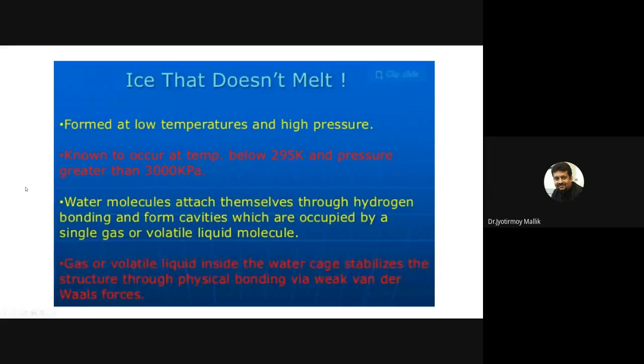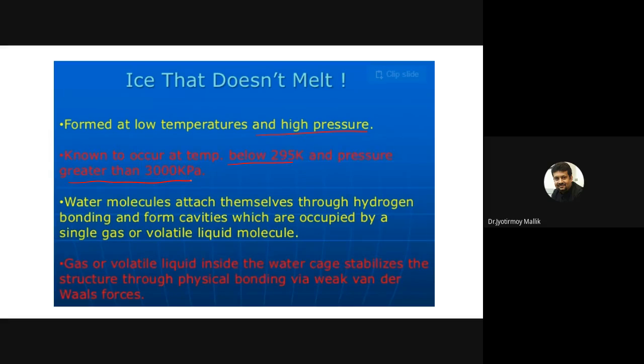Okay. So it's the ice that doesn't melt. It is formed at low temperature but at high pressure. You need high pressure to actually hold the gas molecules inside the ice structure, known to occur at temperature below 295 K and a pressure greater than 3000 kPa.